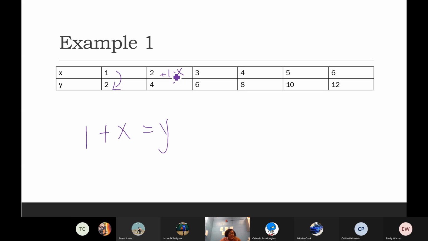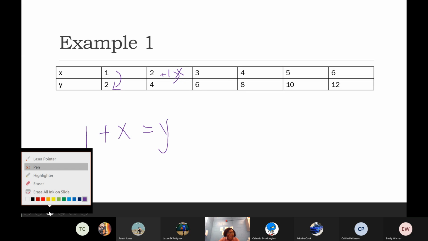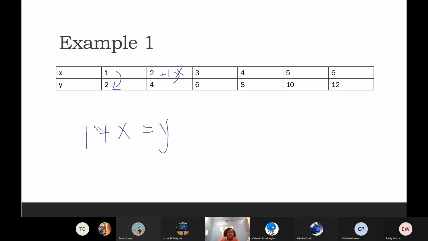What I have to do, can someone look at the pattern, try to find the pattern there, and tell me, what do you think? What operation and number am I using with x to get to y? Could I be multiplying?